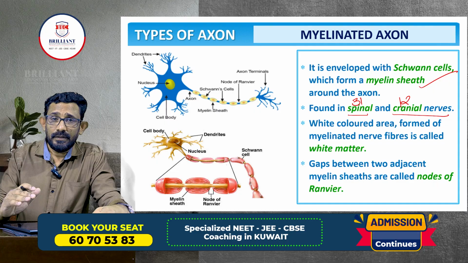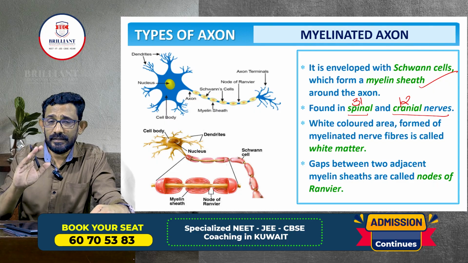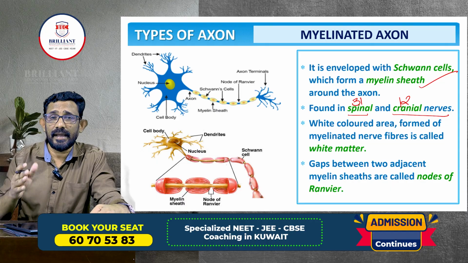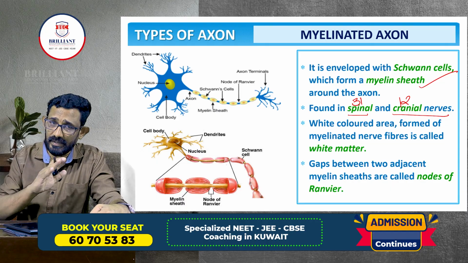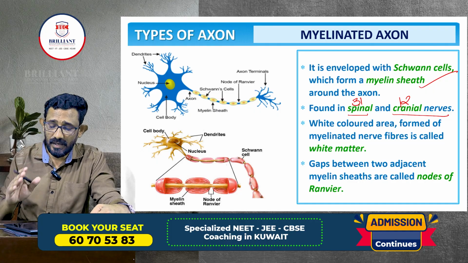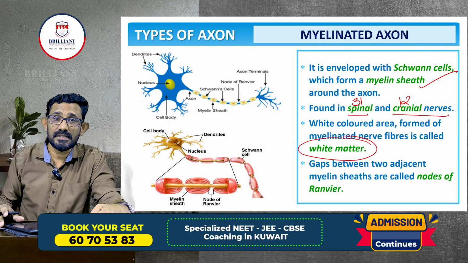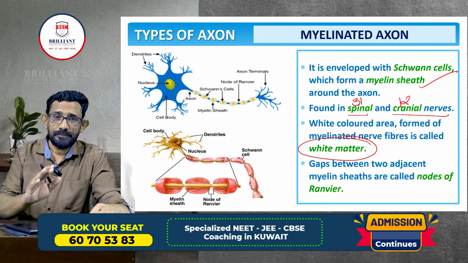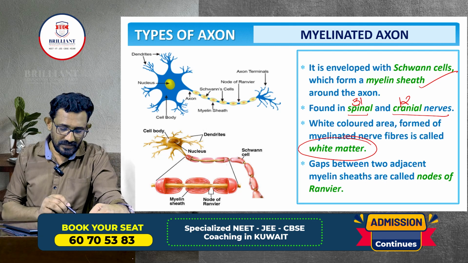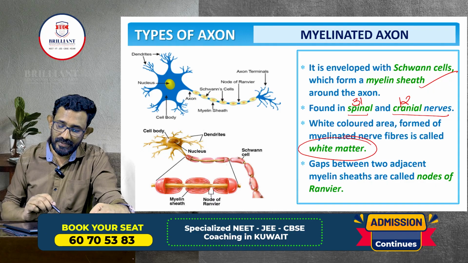So we are discussing the myelinated axon. If the axon is myelinated, as I already mentioned, those myelinated axons appear white in color. That is why they are called white matter. And once again, these myelin sheaths are not continuous.